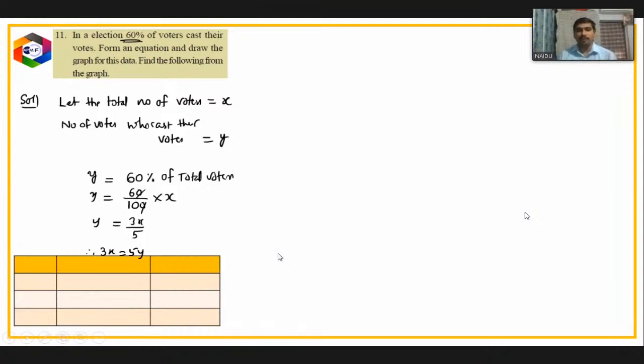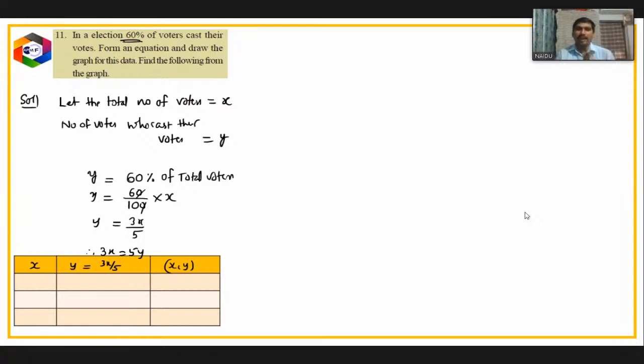So here I take x value first, and y is equal to 3x by 5, and this is x comma y. Here 3 is multiplying and 5 is dividing, so it is better to take x as a multiple of 5. But generally the voters will not be in 5s, 10s or 20s; they will be in hundreds or thousands.